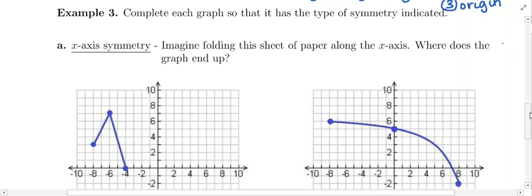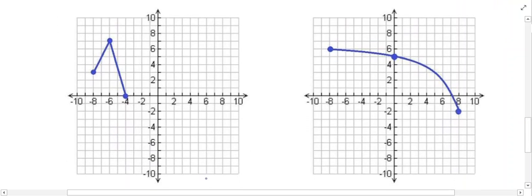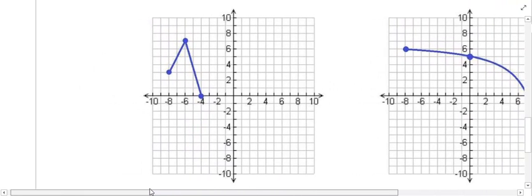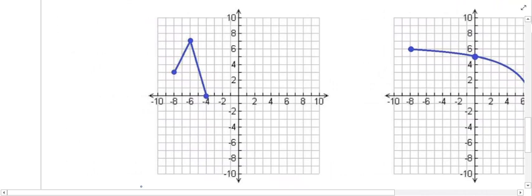The big hint here for x-axis symmetry is to imagine folding your sheet of paper along the x-axis. Where does your graph end up? So since we're doing x-axis symmetry, we're going to imagine that we're folding our sheet of paper along the x-axis. Let's start with the graph on the left. Notice that there are three points that are called out.